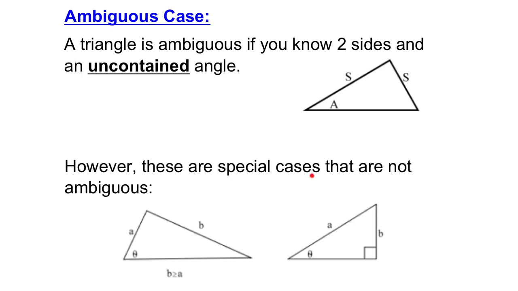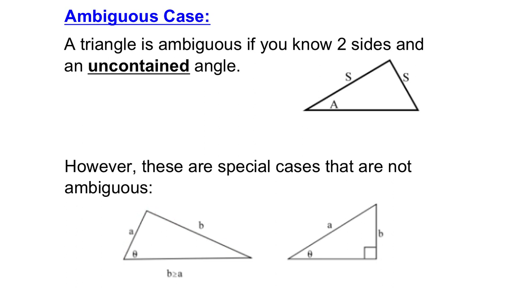There are special cases that are not ambiguous. So here we have a triangle where I have two sides and an uncontained angle. This would not be ambiguous if side length B, the one across from your angle, is greater than or equal to side A. So equal to A, you would have an isosceles triangle.